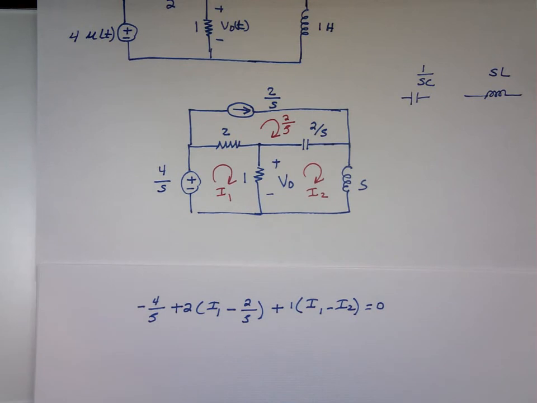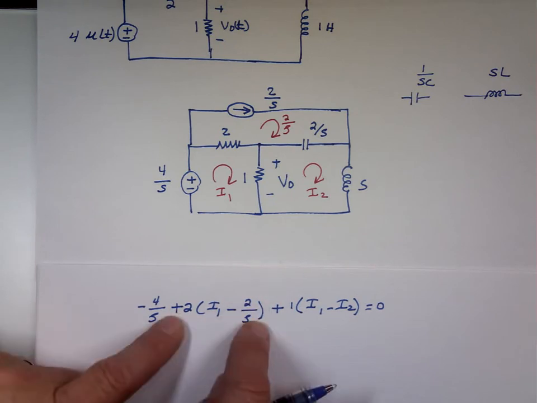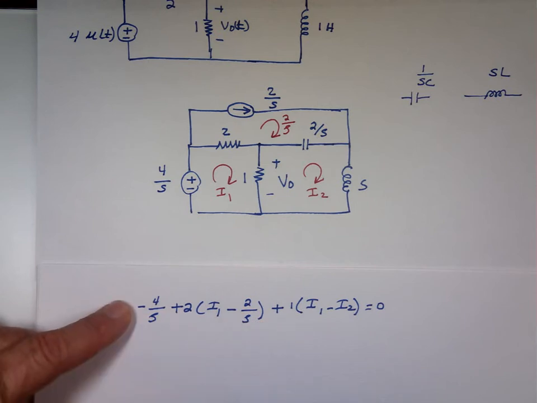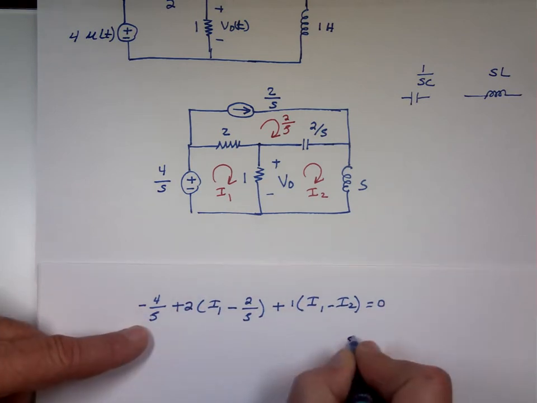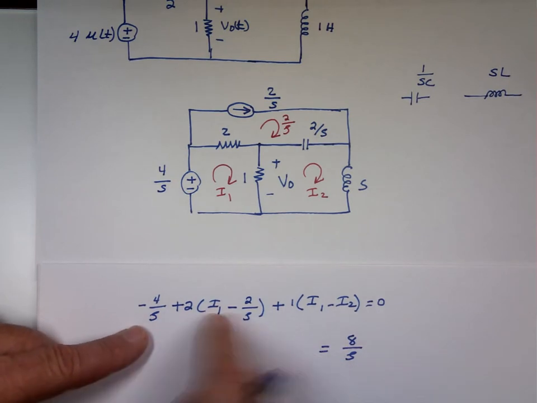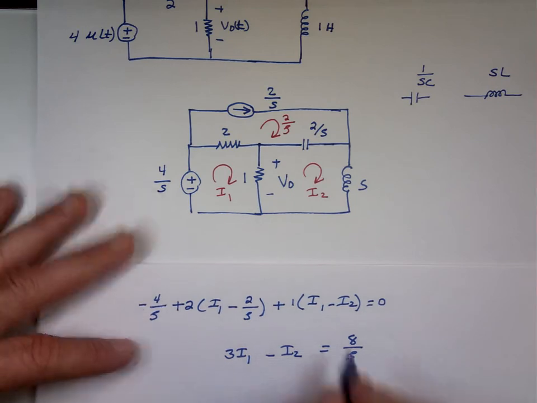When you multiply the 2 times negative 2 over S, what are you going to have? Negative 4 over S, and you have negative 4 over S. When you add them, what are you going to have? Negative 8 over S. So if I take it to that side, it becomes 8 over S. I get 2I sub 1 plus 1, that's 3I sub 1 minus I sub 2. That's my first equation, if we did the math correctly.